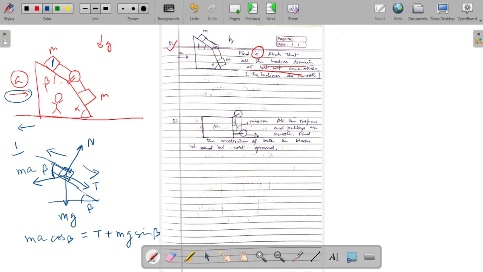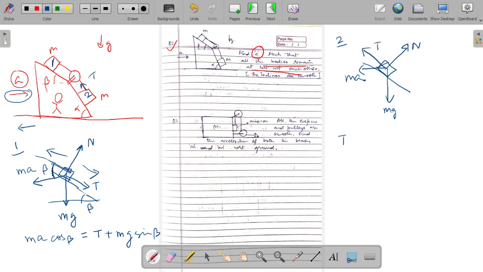And in the same way, we would say for block number 2 that the block is on the incline, normal reaction is acting, gravitational force is acting, and the pseudo force again acts in the backward direction, ma, except that now tension is acting in the upward direction as the string is like this.